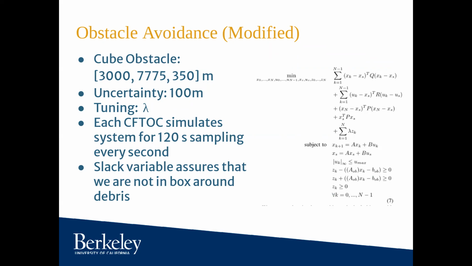And so in each one of the constrained finite time optimal control problems, we needed to use at least 120 seconds, and we needed to sample every second. What this did was greatly increase the computational time. But that being said, this did make sure that we avoided the obstacle.